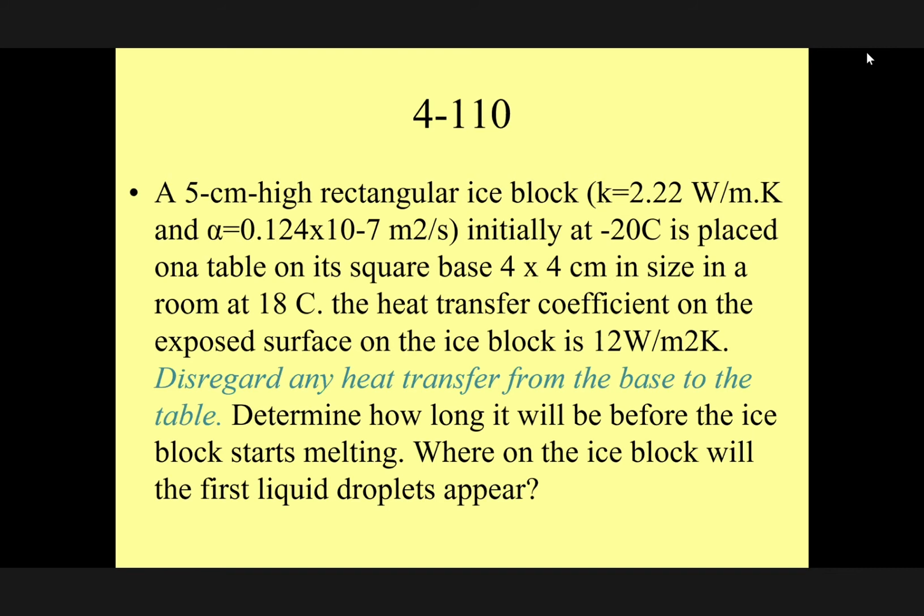Read this part. Disregard any heat transfer from the base to the table. What that means, I don't know. Determine how long it will be before the ice block starts melting. Where on the ice block will the first liquid droplet appear?